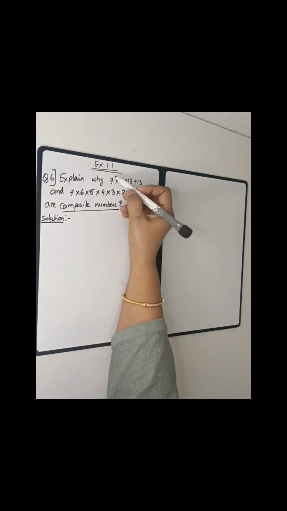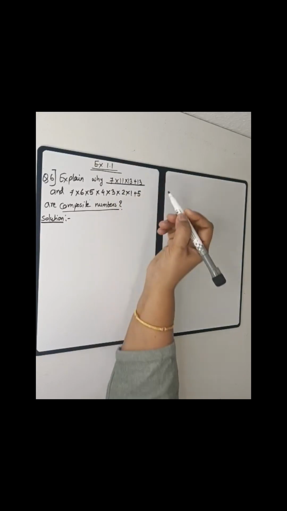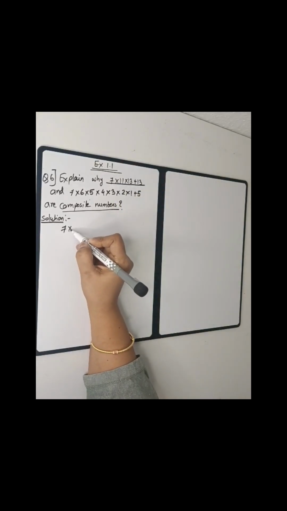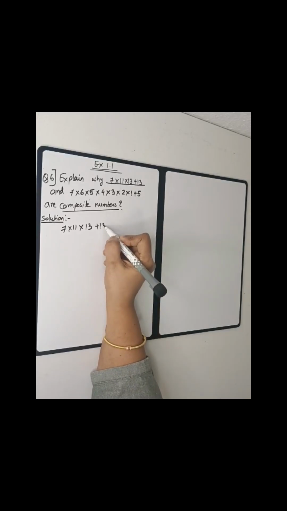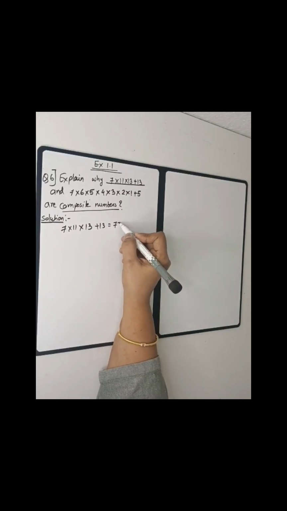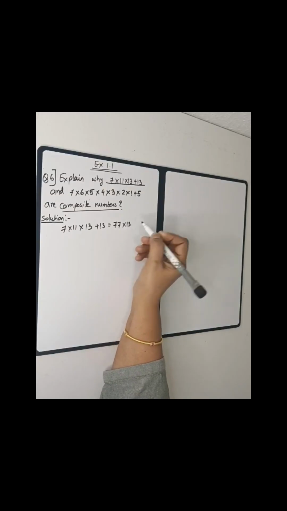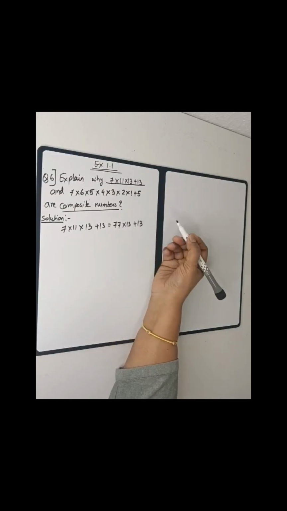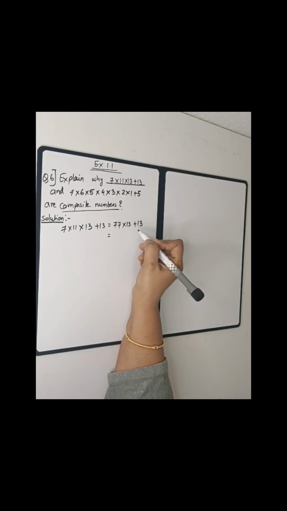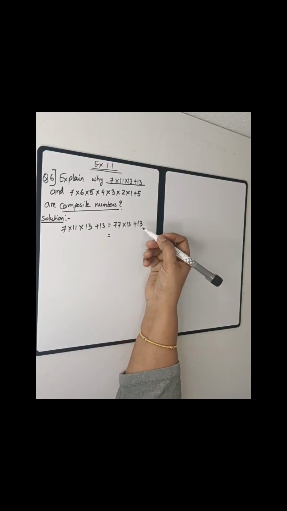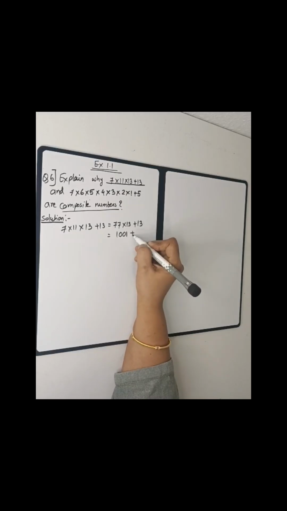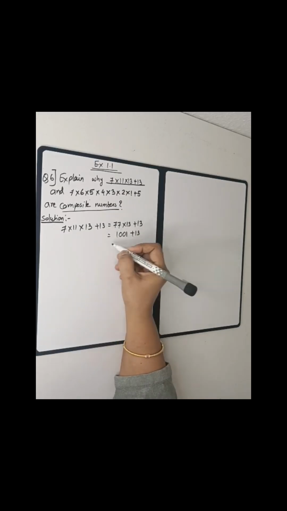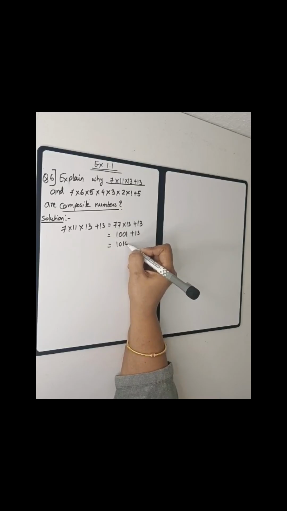So let us take the first combination which is given here, that is 7 into 11 into 13 plus 13. So this is 77 into 13 plus 13. If you do 77 into 13, then you will get 1001 plus 13. If you add this, you will get 1014.